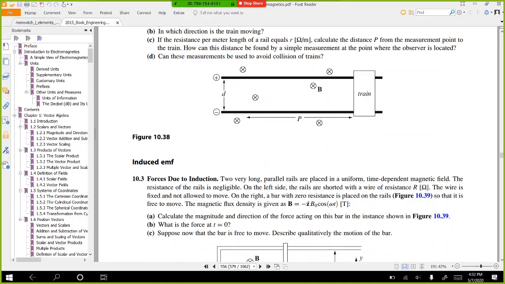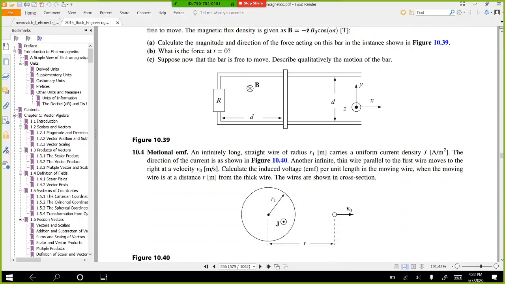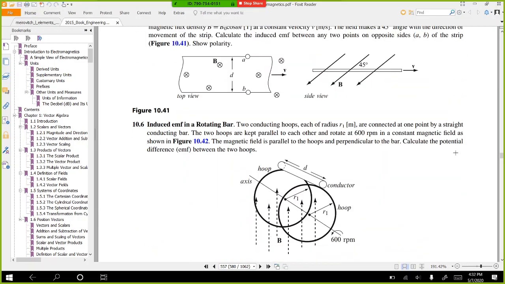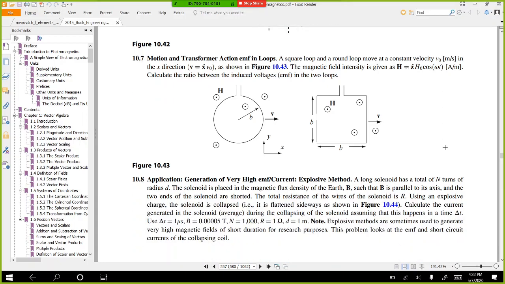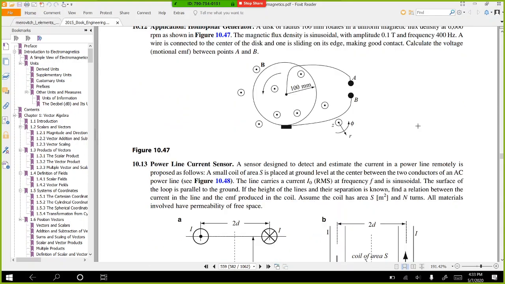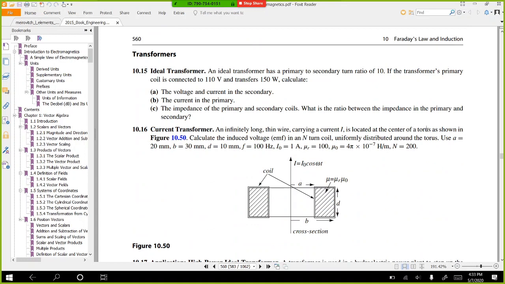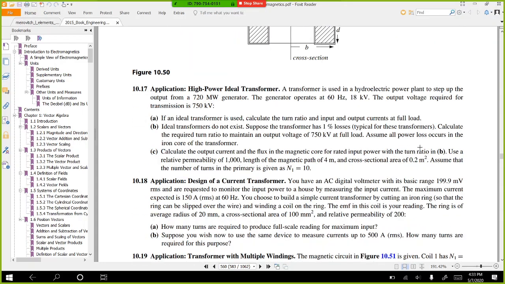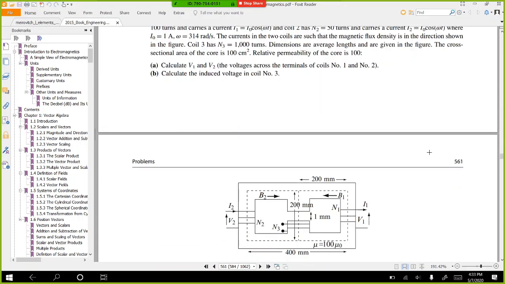And the next is again multiple windings.